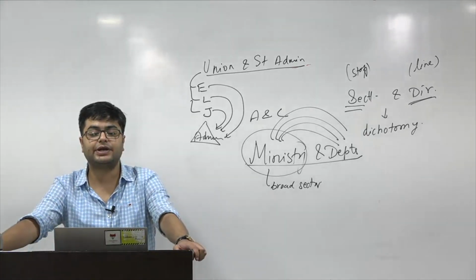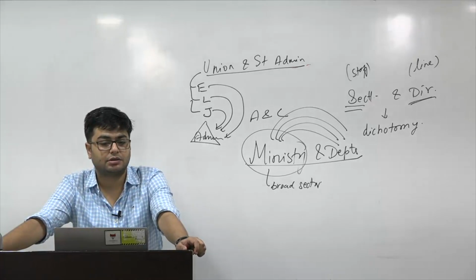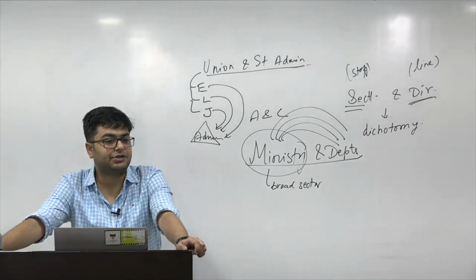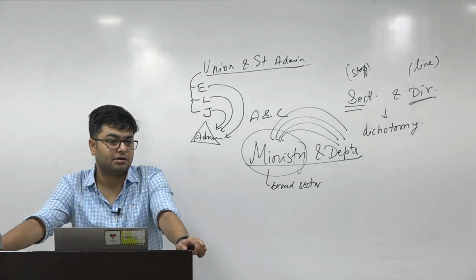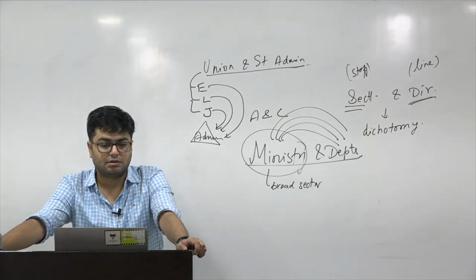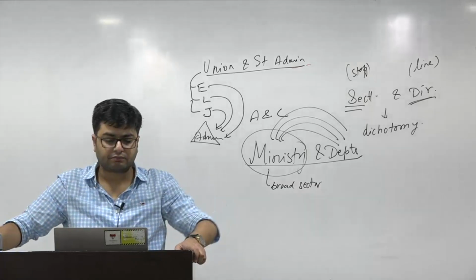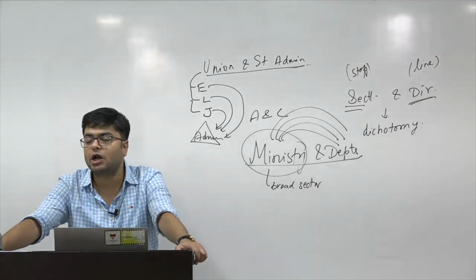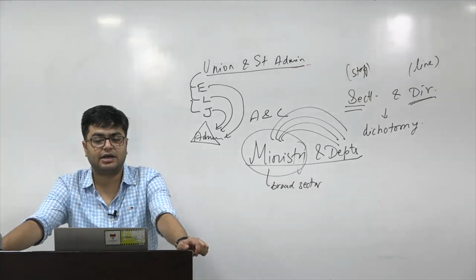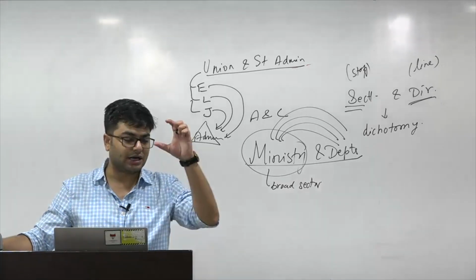Similarly, the ministry can have bureaus. For example, Ministry of Civil Aviation. Right? It can have other bureaus within that, commissions or smaller executive, advisory, managerial or other entities.